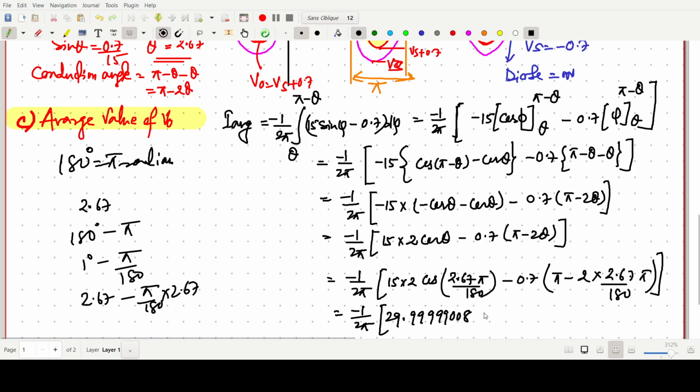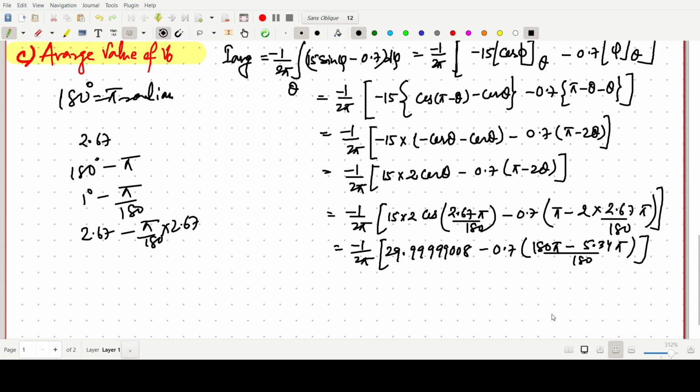I have already calculated that, that's why I am writing it directly. Next we write minus 2 pi, and if you solve the entire term, it will come minus 2.13387445.